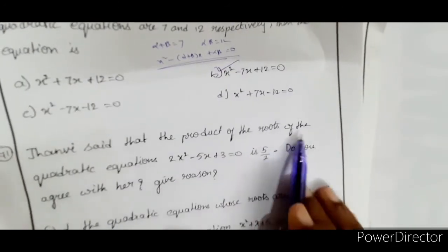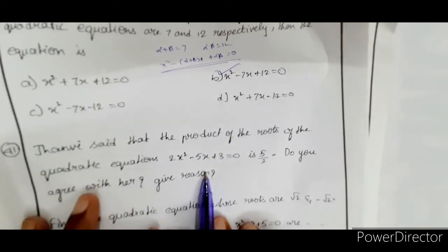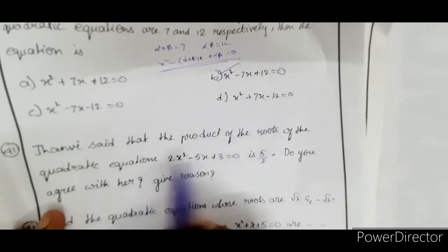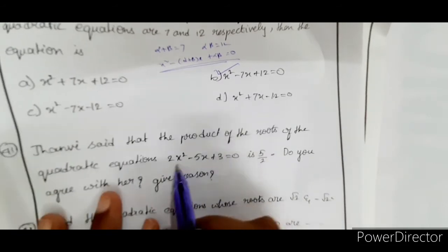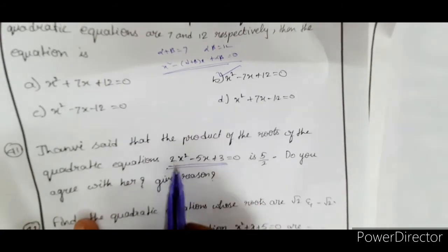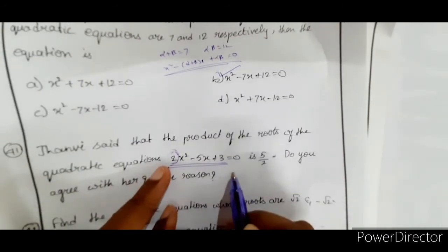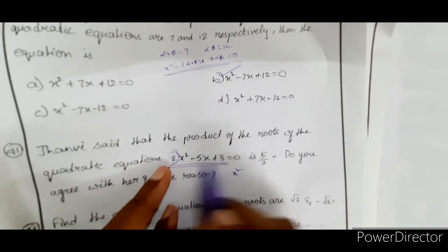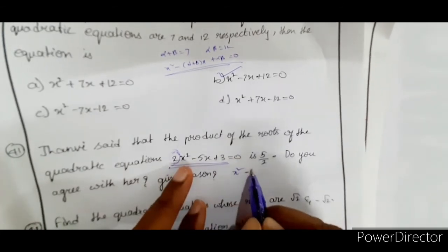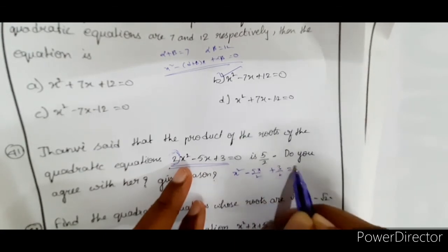Janvi said that the product of roots of the quadratic equation is 5 by 2. Do you agree with her? Product of the roots means you need to convert this first into the general form, that is, the coefficient here should not be there. It should be only 1. So let us convert this one. Divide the whole equation by 2: x square minus 5x by 2 plus 3 by 2 is equal to 0.